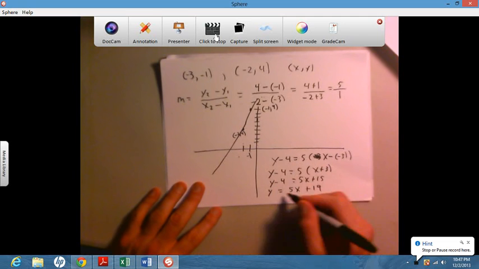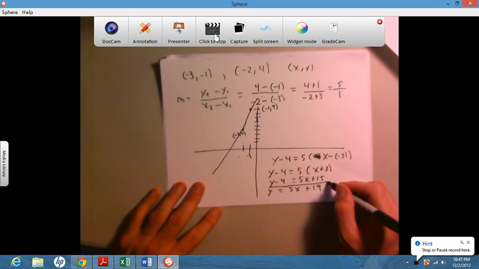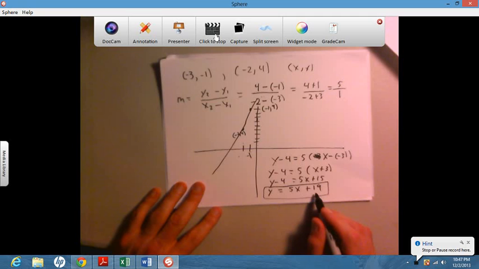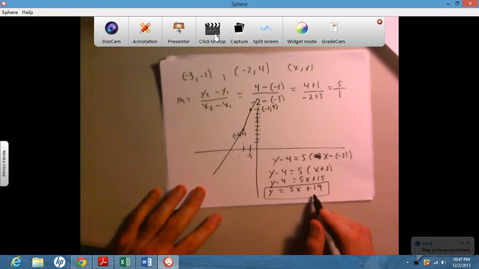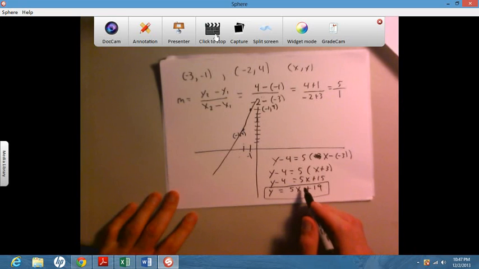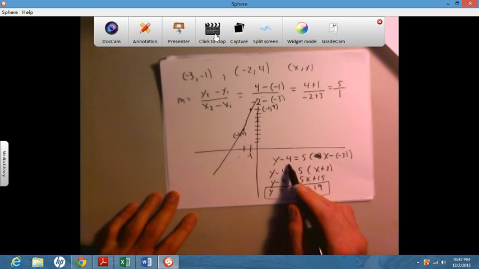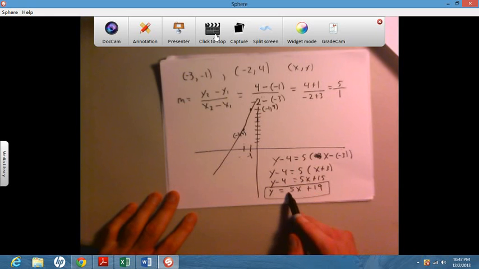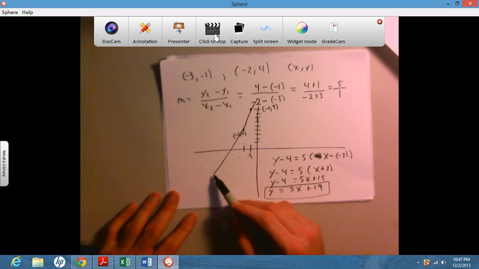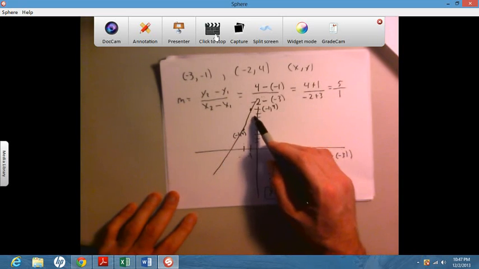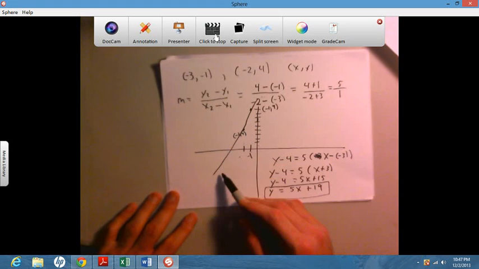So this is the slope-intercept form, and my slope is 5, my y-intercept, or when x is 0, is 19. And that's the equation for this line. This is point-slope form, this is slope-intercept form. Now, the slope is positive. That means it rises as we go to the right and falls as we go to the left.